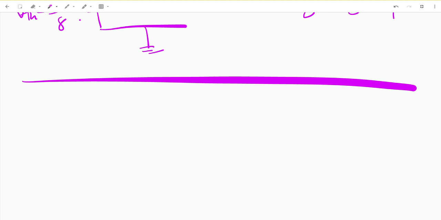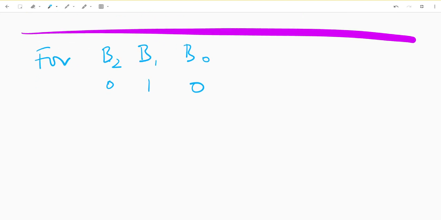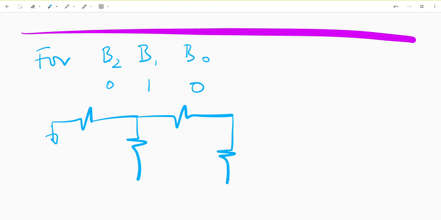Now, what we need to do next is solve the same thing for B2, B1, B0, but this time around, B0 is equal to 1. And what I'll do here is just draw out the circuit, how this looks.